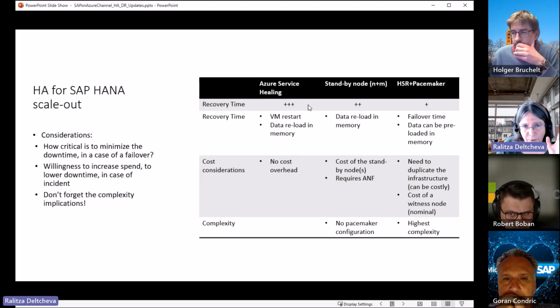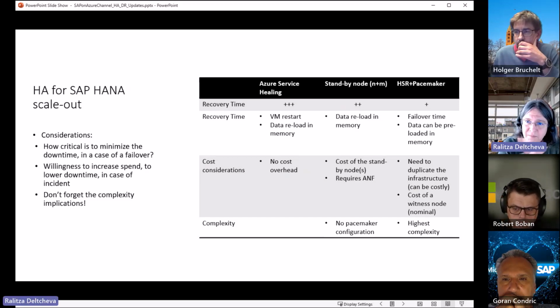If we leave for a moment aside the first option, which is pretty much relying on Azure healing, which means relying on a virtual machine to be restarted, and compare the HANA scale out with standby and HSR and pacemaker, in terms of recovery time for the application, with the N+M reference architecture, you have the element of data needed to be reloaded in memory. And with large systems, that can be a significant time. With the HSR with pacemaker, the failover time is quicker.